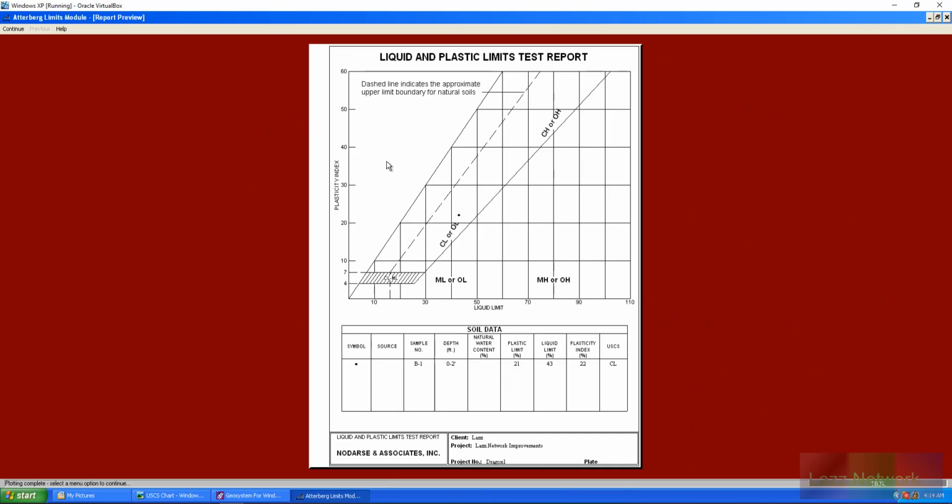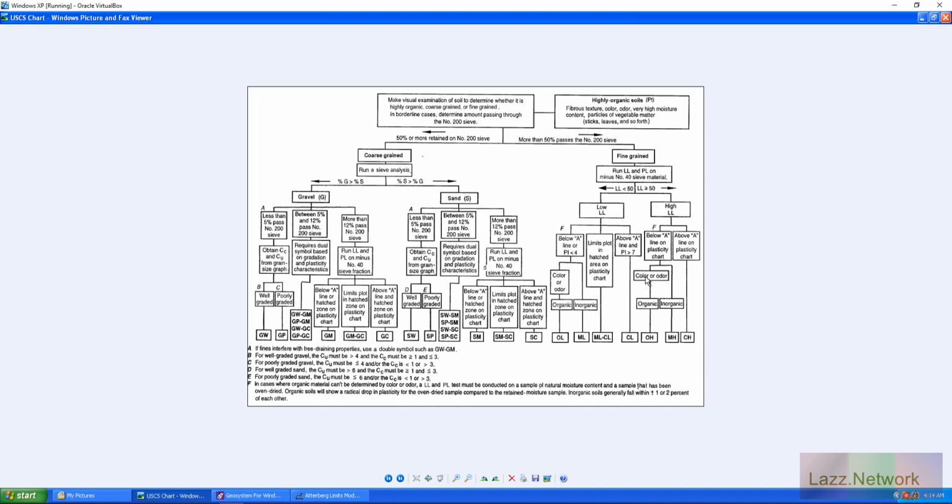Hopefully you're understanding now the benefits of having a program that can auto-classify, because otherwise you would have to go through this for every single test that you do, which, don't get me wrong, you can get good with it. But if you have to classify 100 tests in a day, it's going to take you a lot longer to reference this chart every single time to know what group it falls in.